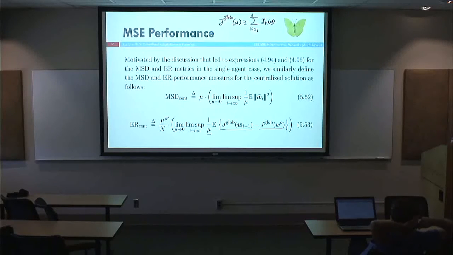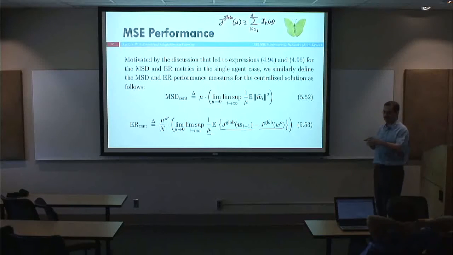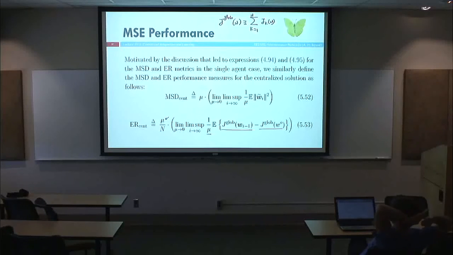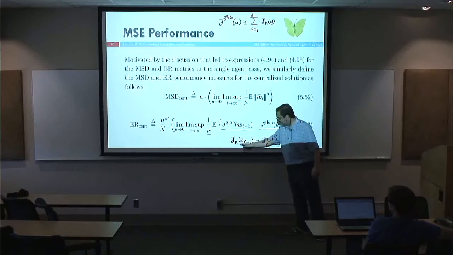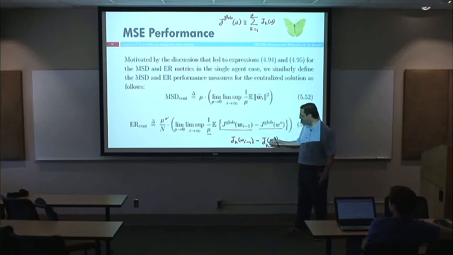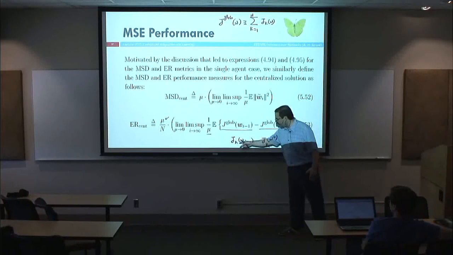So if I want to compare the excess risk of the centralized solution to the excess risk of a non-cooperative solution, the excess risk of a non-cooperative solution is measuring a difference like this. For that non-cooperative solution at agent k, its excess risk would be measuring the average value of this difference.